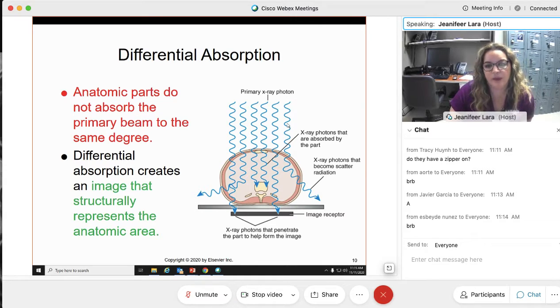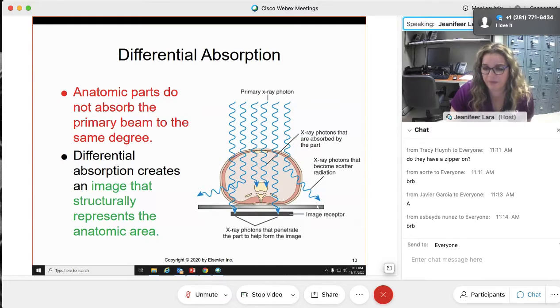This is our symbol for X-rays. As the primary beam enters the body, depending on what is along its path, it may find its way to the image receptor, it may be absorbed into the anatomy, or it may be deflected away from the image receptor.